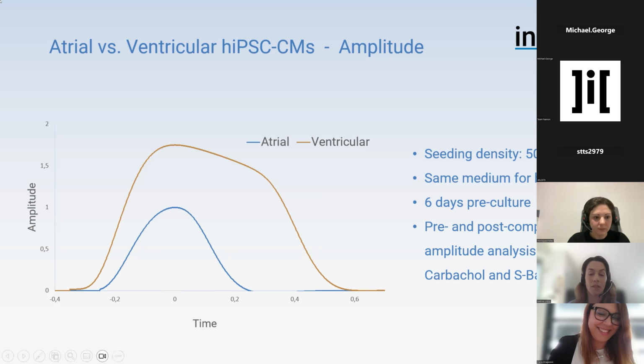Here you have the pre-compound condition of the amplitude of the different cell types, and you can see immediately the different shapes reflecting the different cell types, with a typical ventricular shape with the shoulder and the atrial shape here.